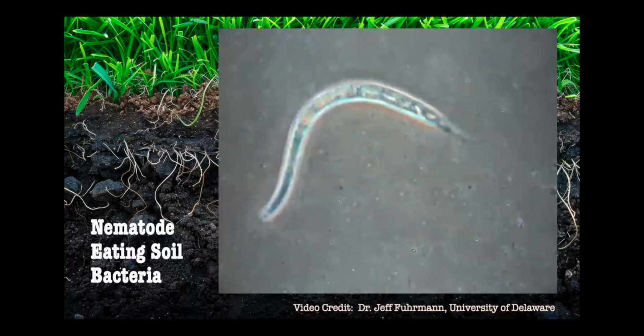And they can eat 5,000 bacteria in a minute. Most of them are good. Some of them are bad, like root knot nematodes, if you've ever heard of those. If you ever grow root vegetables, the root knot ones can damage them.